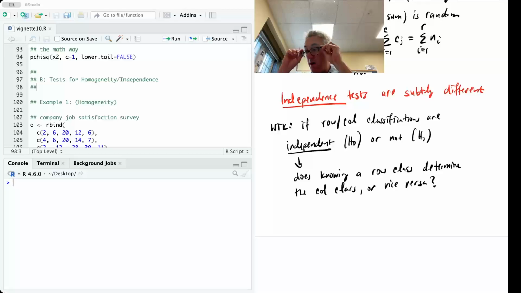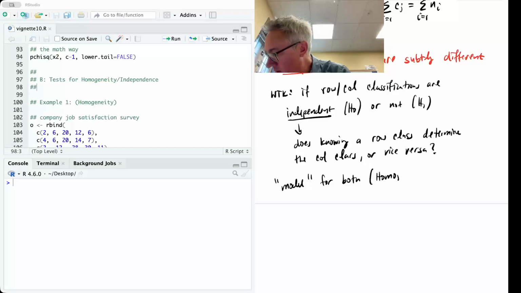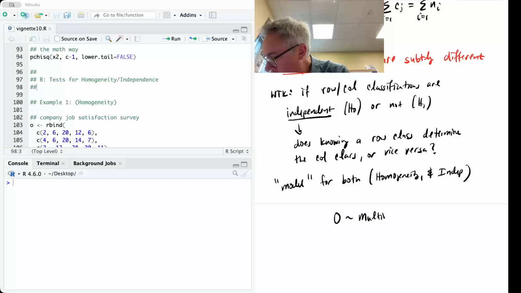Okay. The model, and we'll put model in quotes, for both. What do I mean by for both? Now I'm talking about both homogeneity and independence. So now we're getting back to what they have in common: the same multinomial as for the goodness of fit test, but now this P is a matrix.